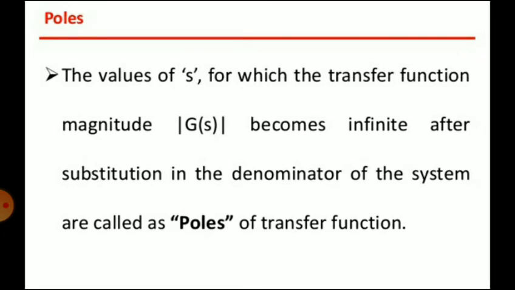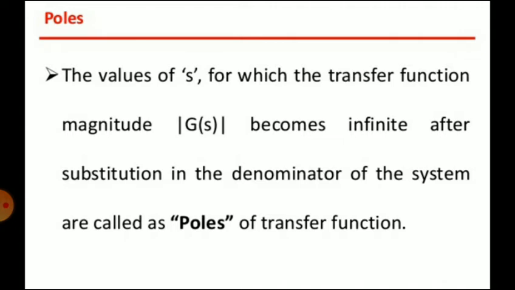Now we will see what are poles of a transfer function. The values of s for which the transfer function magnitude G(s) becomes infinite after substitution in the denominator of the system are called poles of a transfer function.